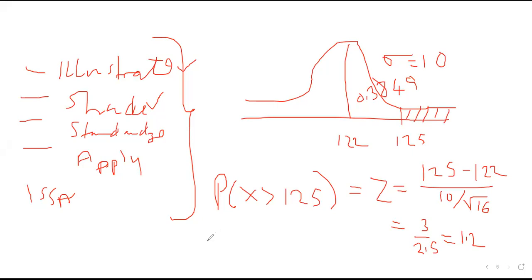So the shaded region will therefore be 0.5 minus 0.3849. We get 0.1151.